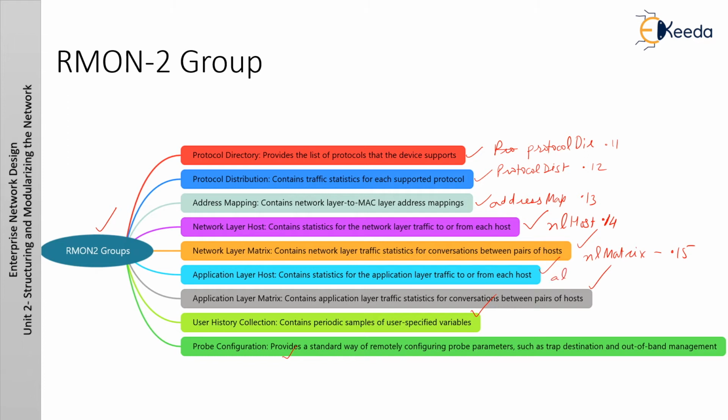It is very simple, you can easily remember it. 0.16. Then AL matrix, 0.17. Then user history, and then finally probe configuration. So this is how the RMON 2 groups are there.